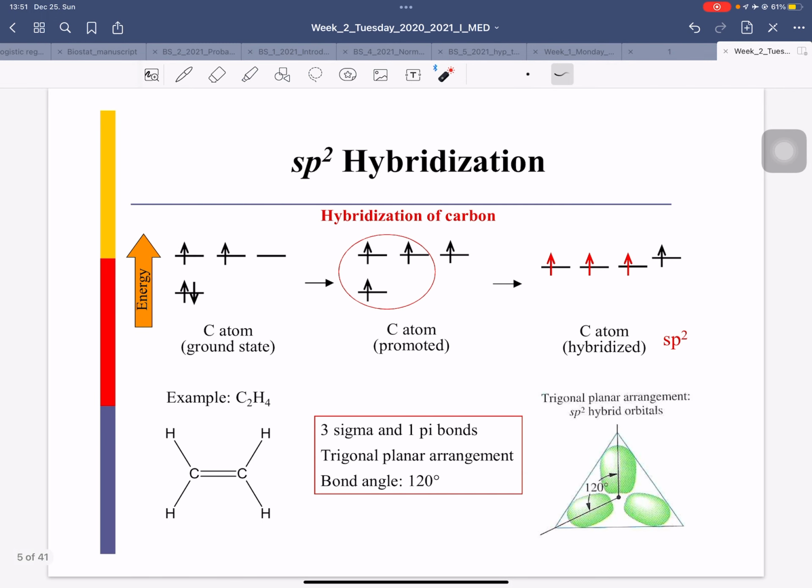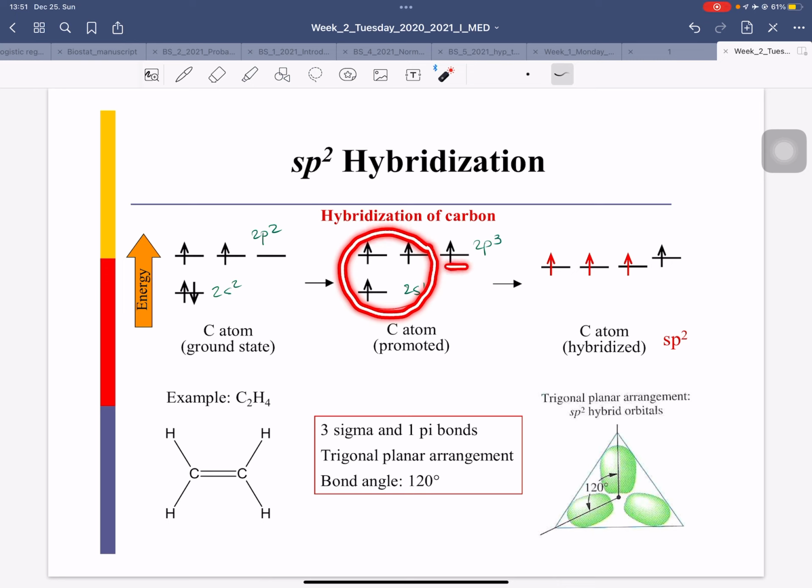But if we again start with carbon 6, in the ground state we have 2s2 and 2p2. Again, we have a promotion or excitation here. Okay, and one electron jumps from the 2s to 2p, and we will have 2s1 2p3. But now we use hybridization for 3 of them.